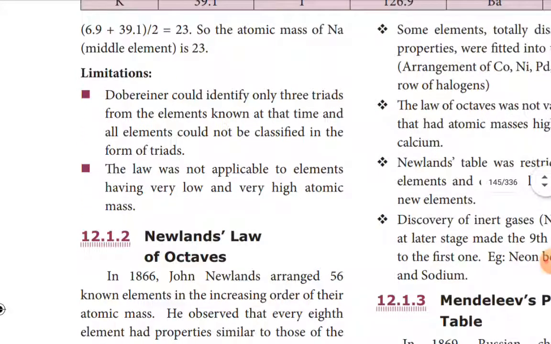And the second one, the law was not applicable to elements having very low and very high mass. So elements possessing very low atomic mass, and also elements possessing very high atomic masses, would not be classified in the form of triads. This is also another limitation, demerit of the Dobereiner triad.